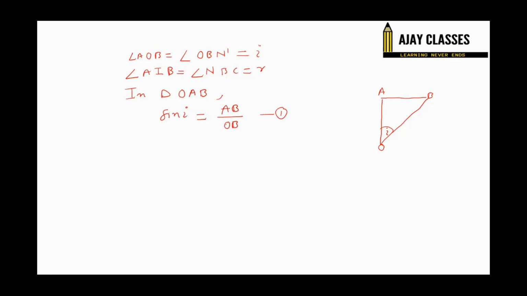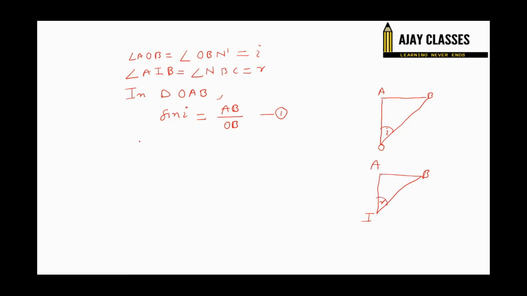Now we consider another triangle between the image point I, A, and B, where I makes an angle at B and AI makes angle r.